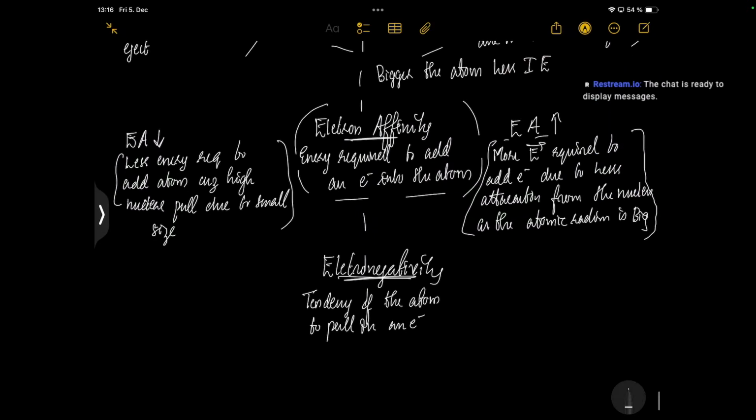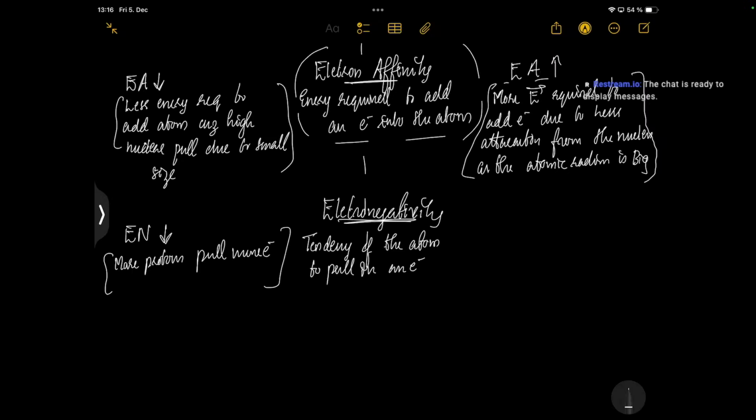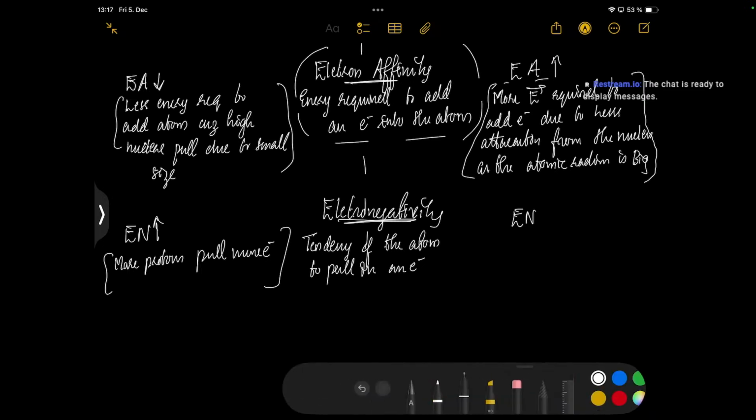It's similar to electron affinity, but yeah, electronegativity, let's write En, is lower for smaller atoms as more protons pull more electrons, or has the tendency to pull more electrons, while in the case of larger atoms or larger radiused atoms, electronegativity increases.